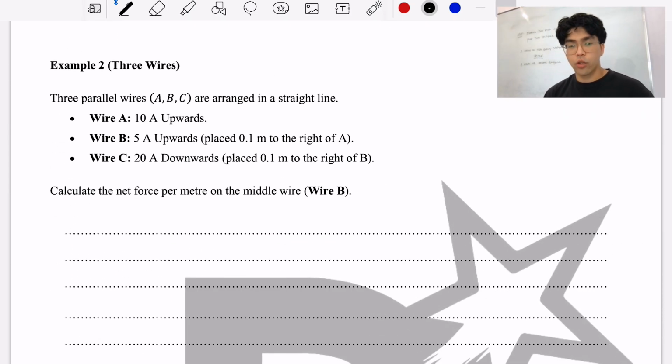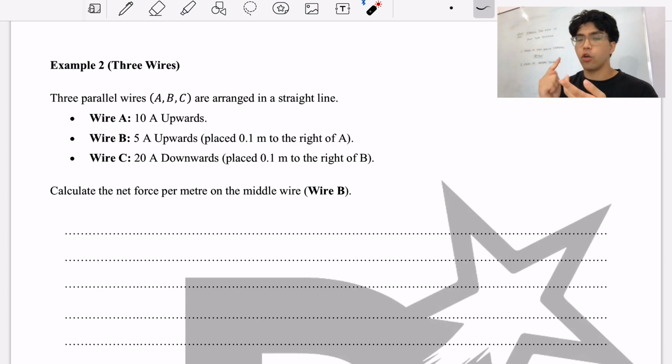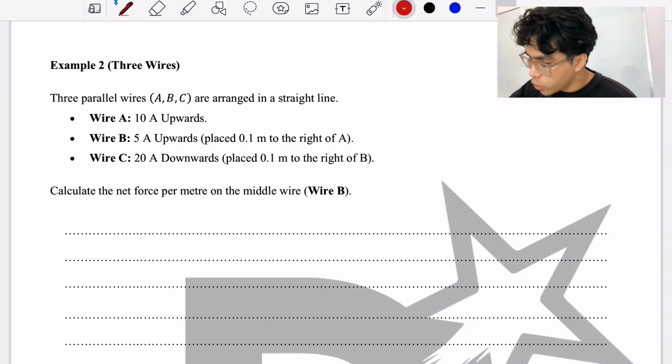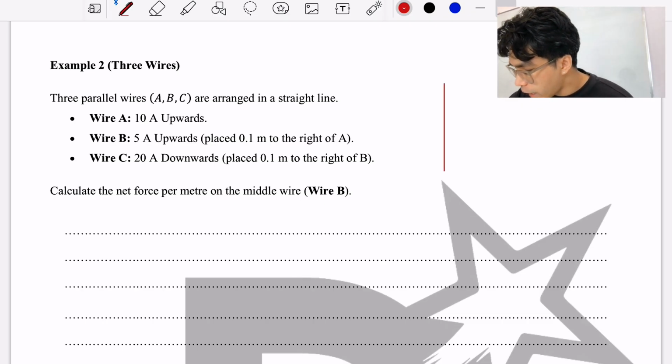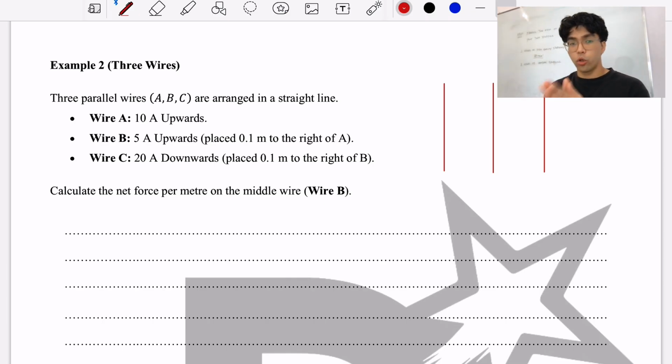How do we deal with 3 wires? When we have 3 different wires, the problem becomes a little bit trickier. Why? Because with 2 wires, we only have to deal with either an attractive force or a repulsive force. But with 3 wires, there are going to be 2 pairs of forces for each wire.